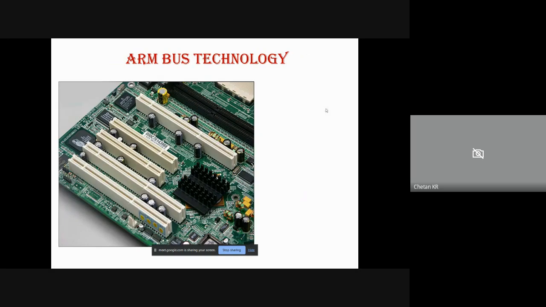Bus technology. ARM uses what is known as a RISC architecture. But in the olden days, different types of bus were used, particularly in the older x86 architecture, and the bus that was used was called PCI.